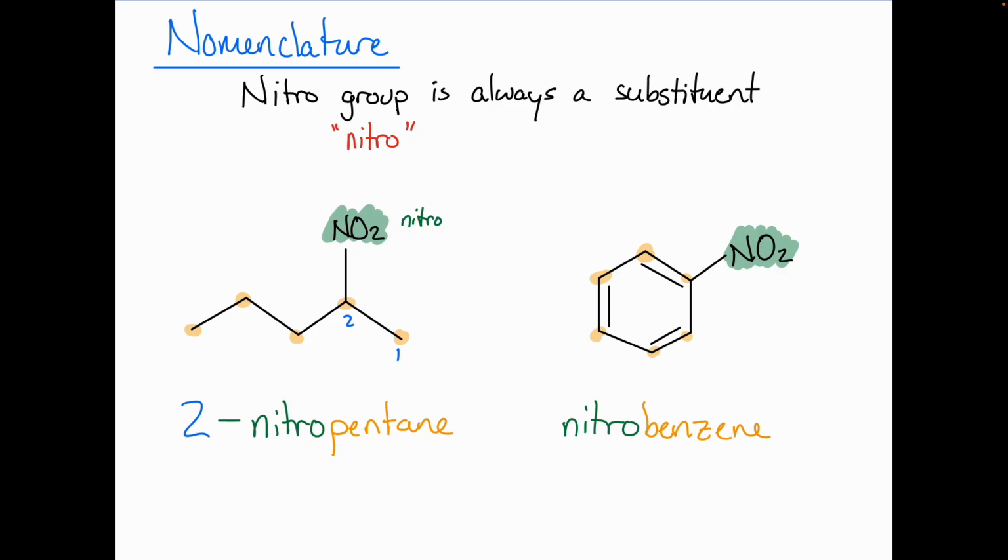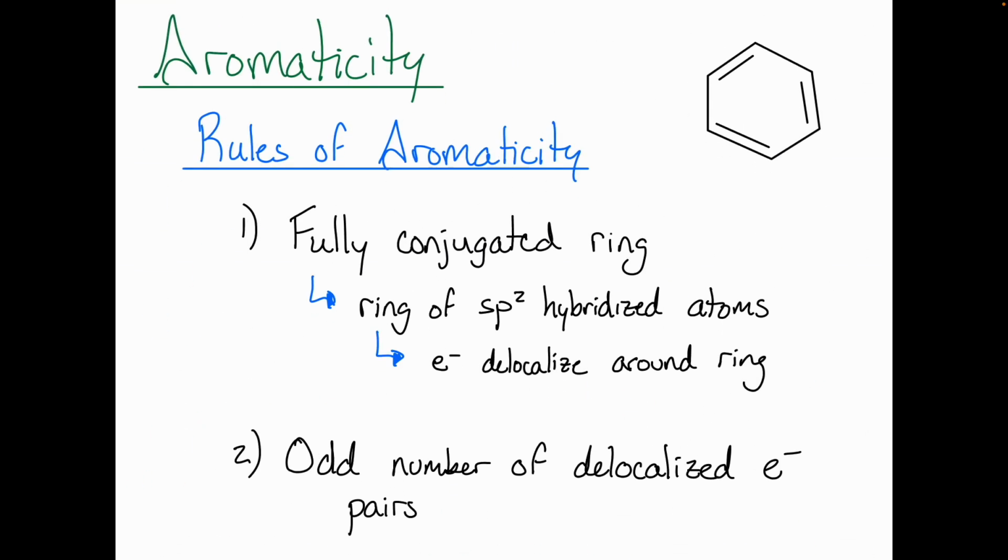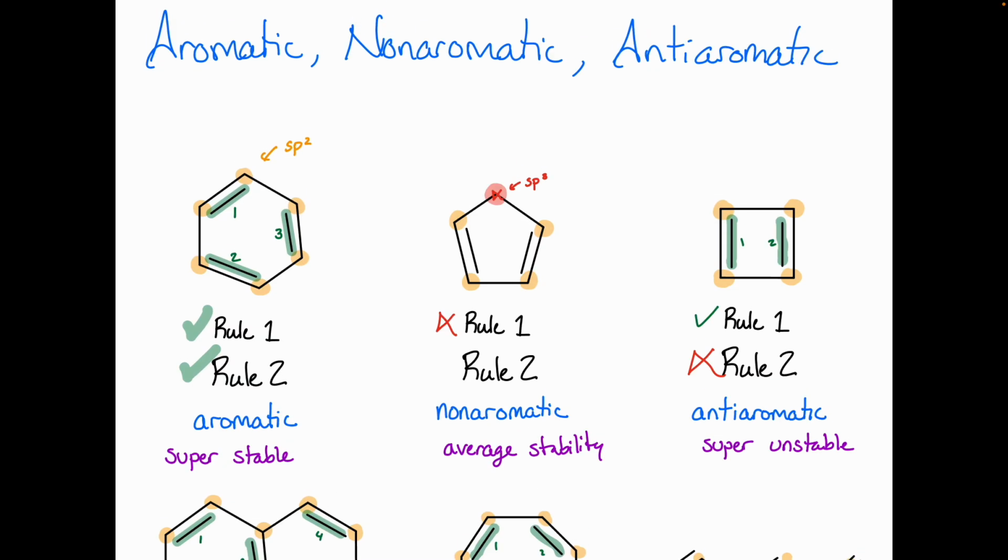All right, and then the majority of our discussion was around these two rules of aromaticity, right? A compound is aromatic if it's a fully conjugated ring and has an odd number of electron pairs. If it passes both of those rules, we call that compound aromatic, which we said was a super stable compound.